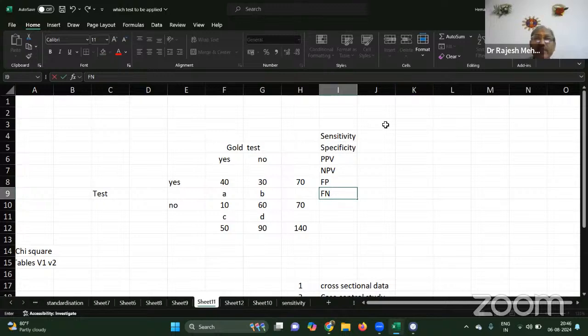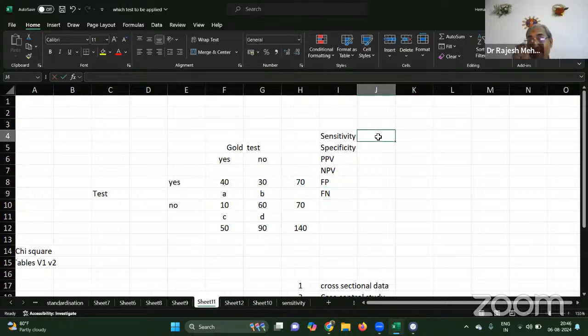Now, sensitivity. Even if the slightest stimulus is there, the person is very sensitive. Very sensitive. So that means the test has the ability to find out the disease even if there is a minor presence of it.